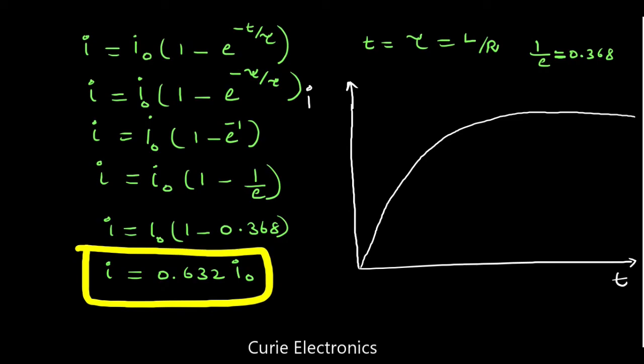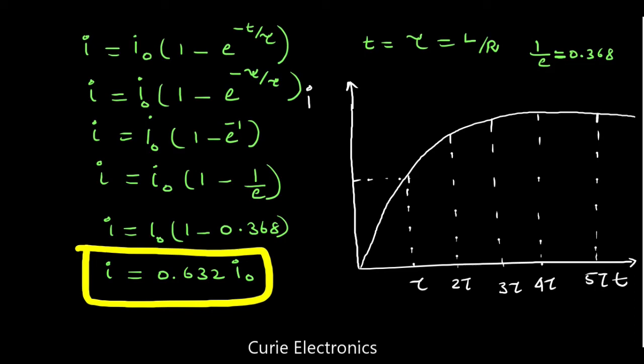Okay, now this is the one time period tau, 2 tau, take it as 3 tau, then 4 tau, 5 tau. This is the maximum value of the current. This value where it touches infinity is I naught.